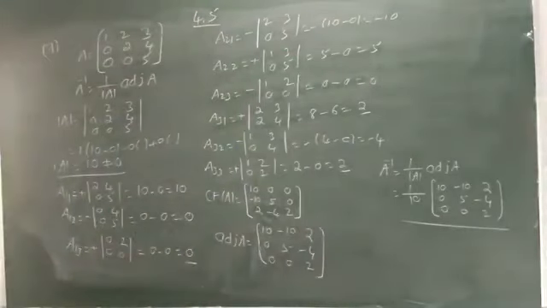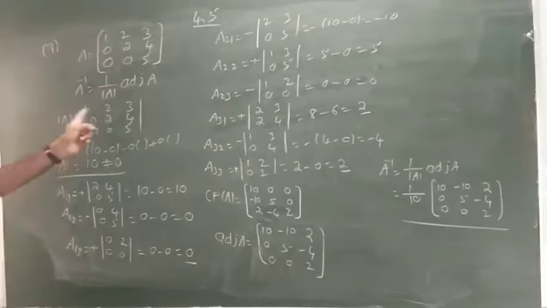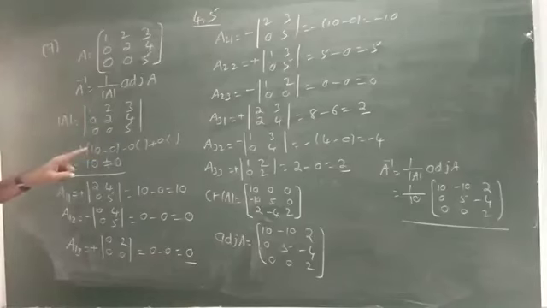I think you have understood how to find the inverse of a 3 cross 3. First you find A11, which means [2, 4; 0, 5], so 2 fives are 10. A12: leave the row and column, [0, 4; 0, 5], 0. For 3, it is [0, 2; 0, 0], it is 0. For 0, it is [2, 3; 0, 5], 2 fives are 10 minus 0, it is minus 10.